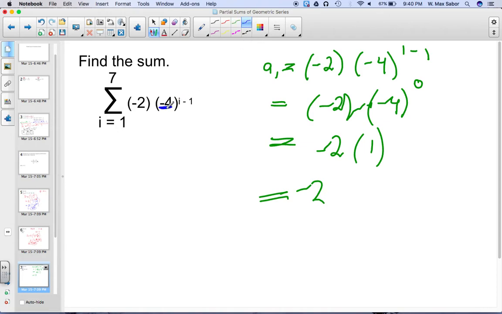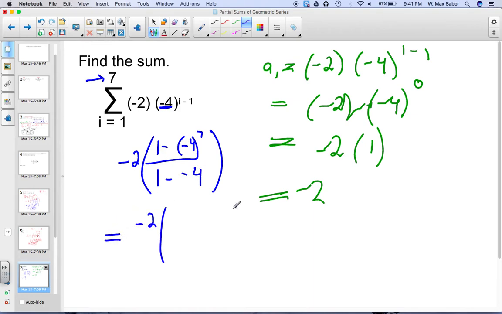Our common ratio is clearly negative 4, and n is 7. So we have negative 2 times 1 minus negative 4 to the 7th over 1 minus negative 4.